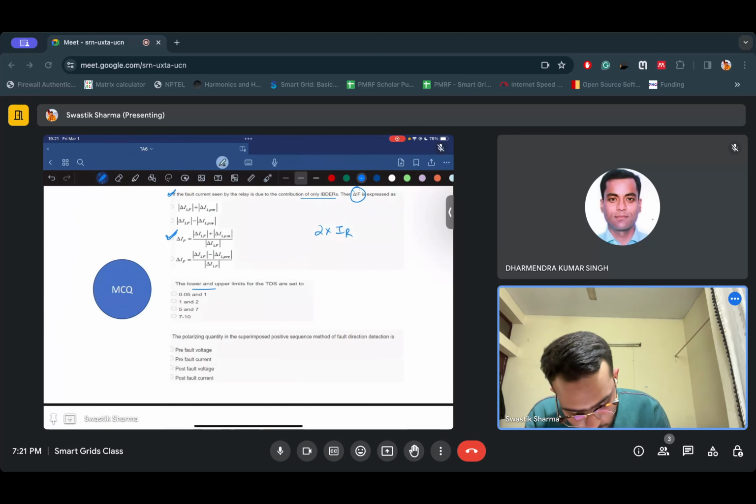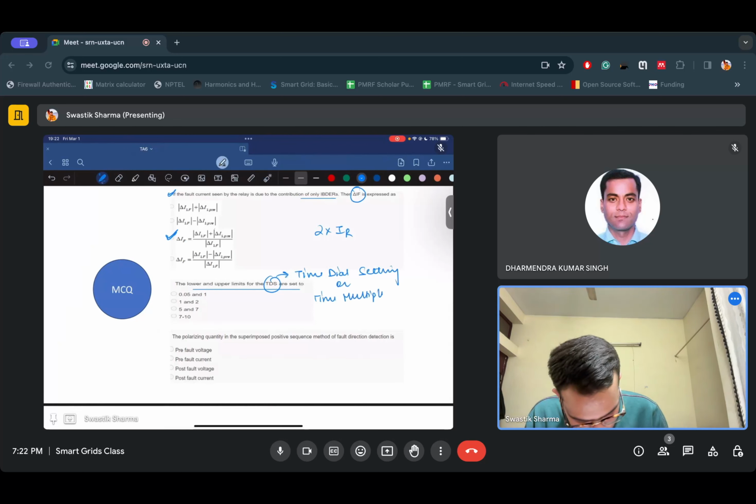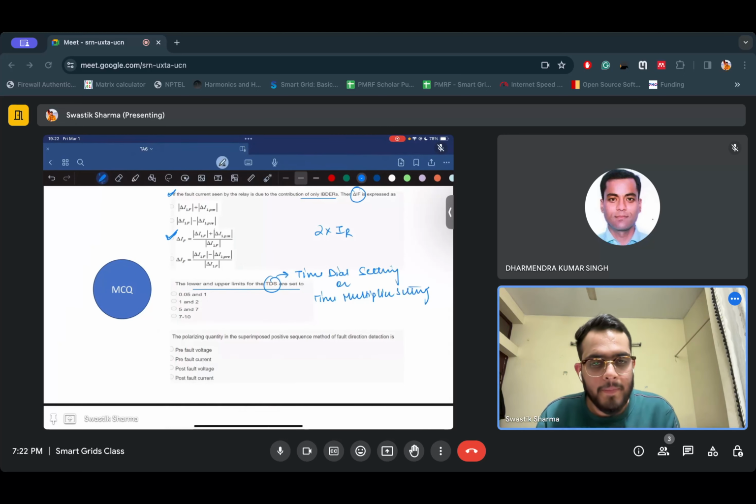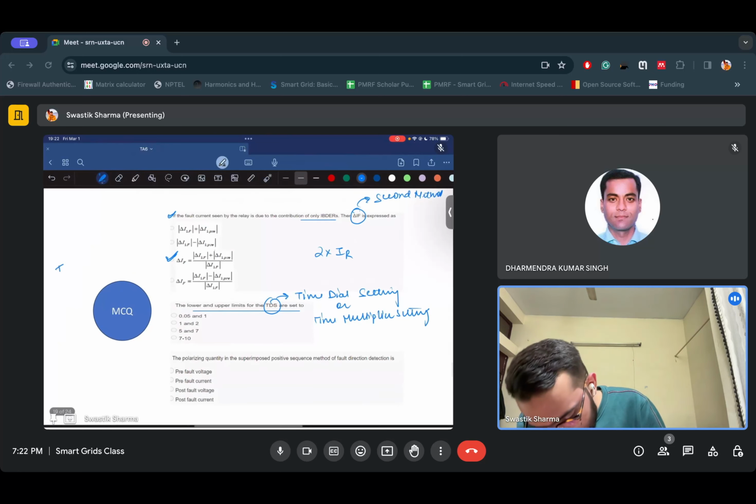Okay. The lower and upper limits for the TDS are set to. This TDS is nothing but time dial setting, which I referred to as time multiplier setting. Both are the same. So what do you think the answer would be? Always remember, TDS if it's close to 1, and TDS if it's far from 1.